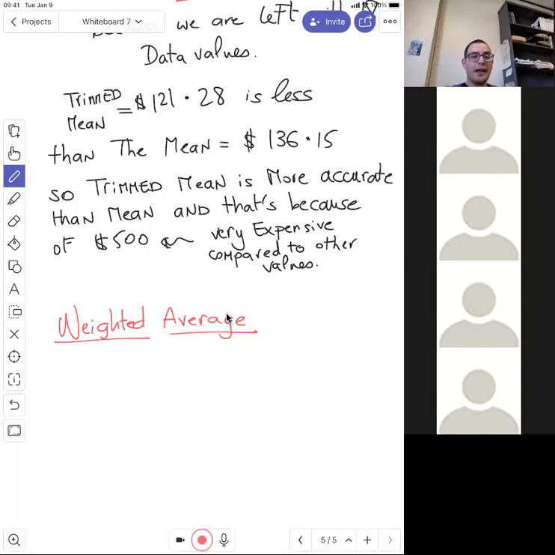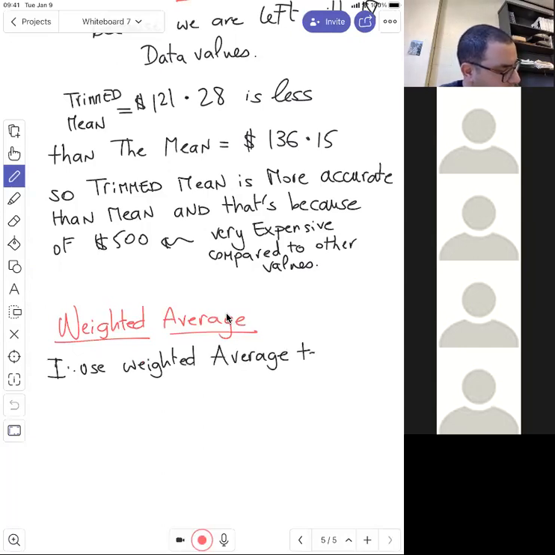I use the weighted average to compute your final grade. So what is this weighted average?